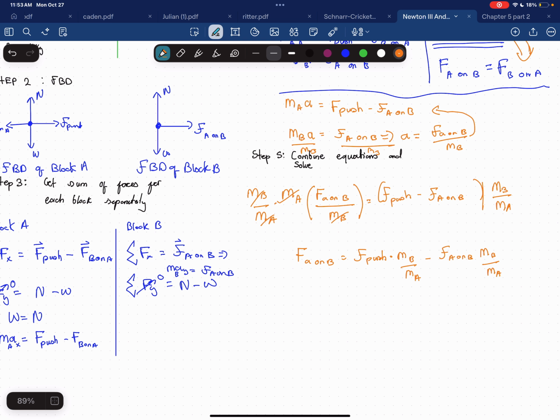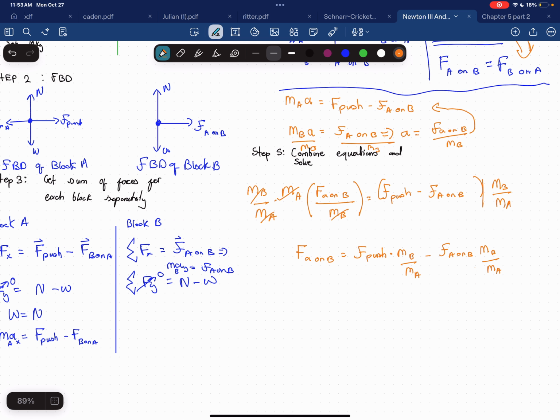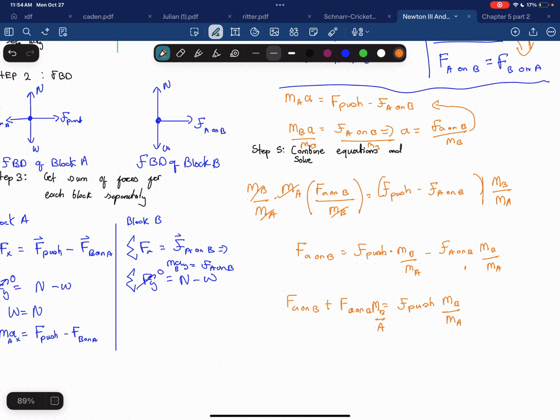All right, so I'm getting somewhere. I can now take this term across the equal sign, so I have F of A on B plus F of A on B times m_B over m_A equal to F push times m_B over m_A. That becomes plus because I'm crossing the equal sign.